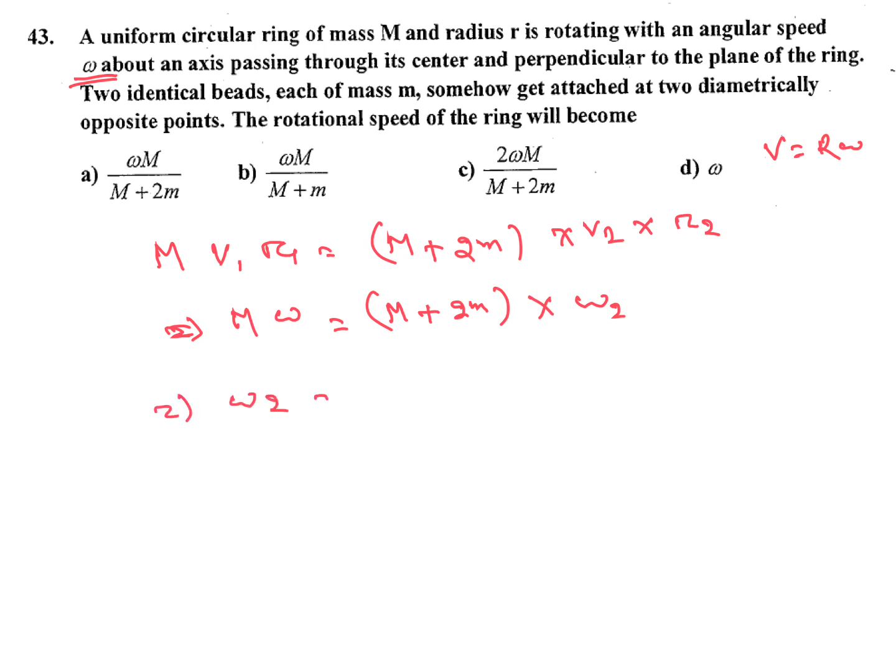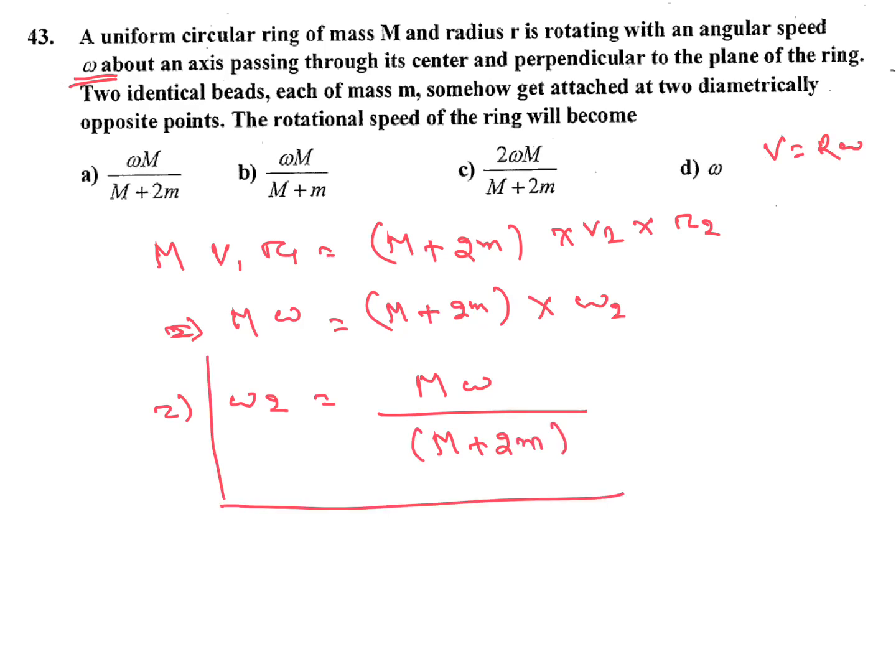So omega 2 equals M into omega by M plus 2m. From the options, A is our answer. This is the conservation of angular momentum formula, already discussed.